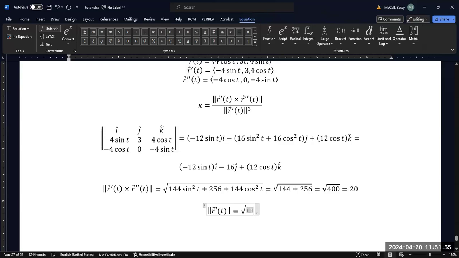So 4 squared is 16 sine squared t plus 3 squared is 9 plus 16 cosine squared t. And I'm basically going to do the same trick. I'm going to take my sine squared and cosine squared, I'm going to take out the 16. Sine squared and cosine squared are going to be 1. And so I'm going to be left with 16 plus 9, which is the square root of 25, which is 5.